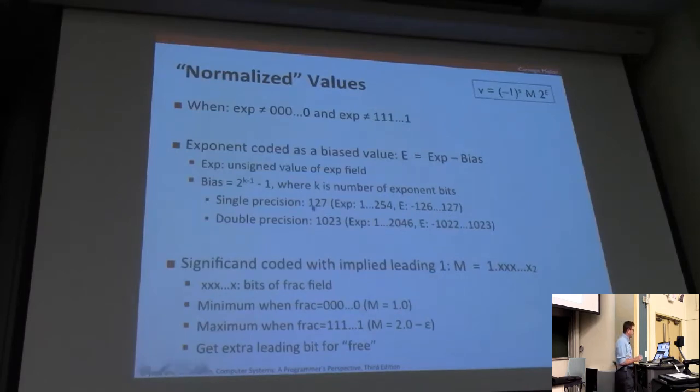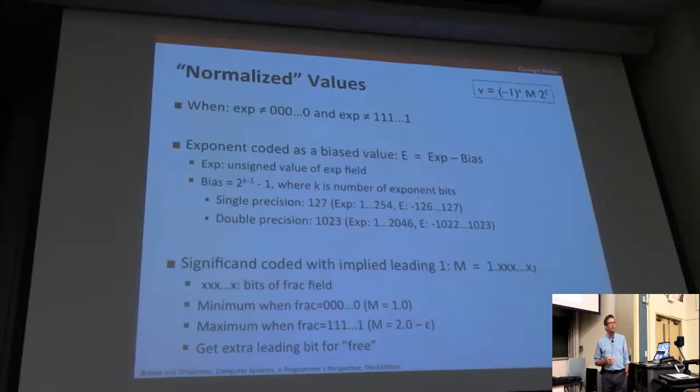So the bias for single precision is 127. And similarly for double precision, it's 1023. So you just have to memorize this formula. The exponent e is the exp field interpreted as an unsigned number minus the bias.